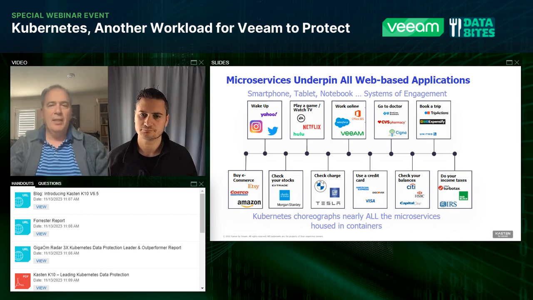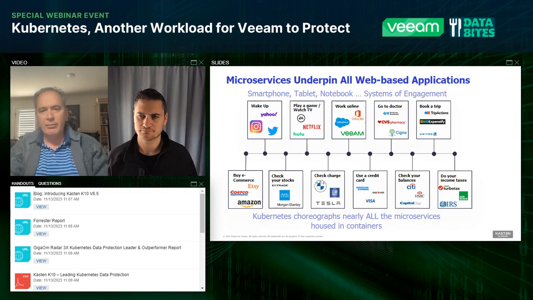There's this system of engagement where we interact with applications, whether it's Yahoo or email, X, formerly known as Twitter, YouTube, Netflix, Hulu, whether it's Salesforce, Office 365, the pharmacy, booking a trip, online shopping, e-commerce, checking the status of a charge on your vehicle, credit card payment.